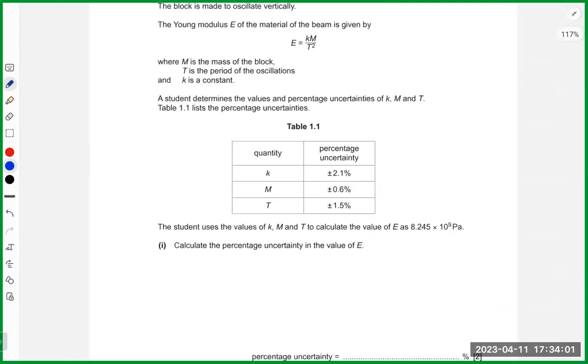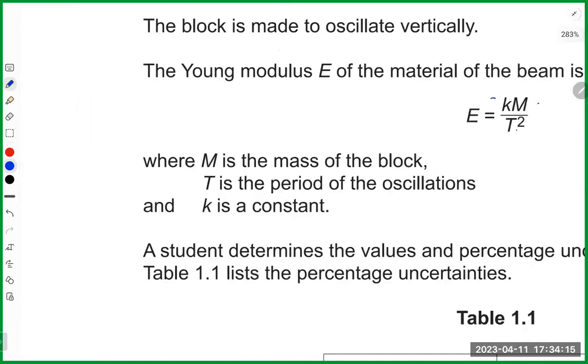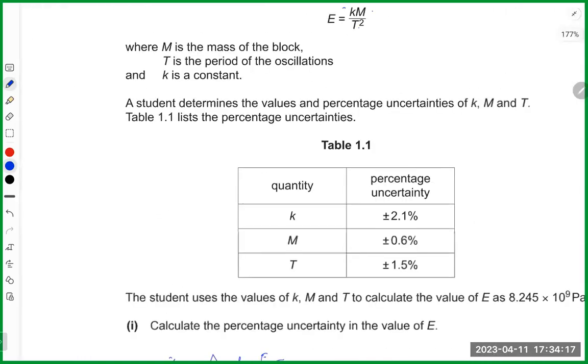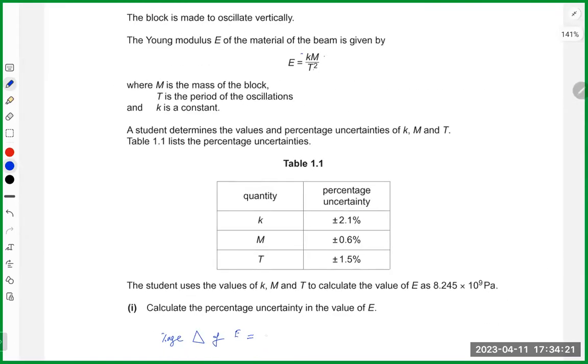Percentage uncertainty of E will be adding uncertainty of K, M, and T. K is 2.1 plus M is 0.6 plus T is 1.5 plus 1.5.